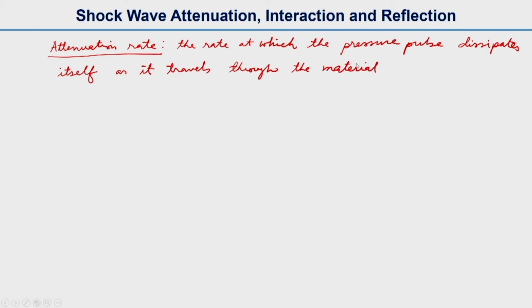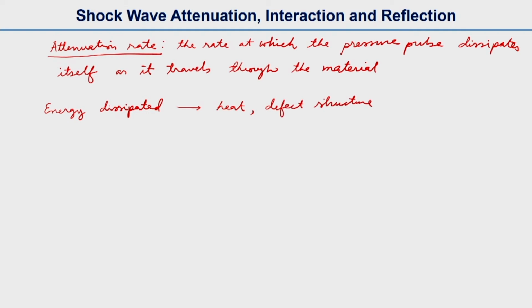So that is the decay rate of the pressure, and the energy carried by the pressure pulse is dissipated. As you can see from the earlier plot, the pressure will decrease, and that means the energy is dissipated, and that can be converted into heat or defect structures.